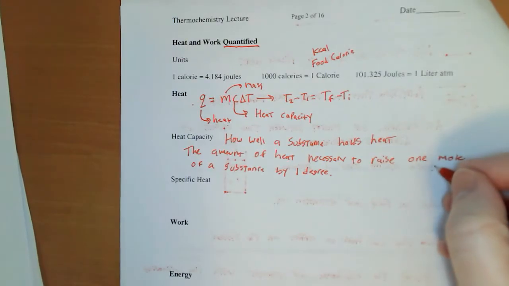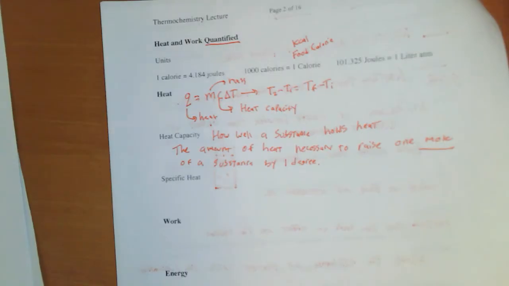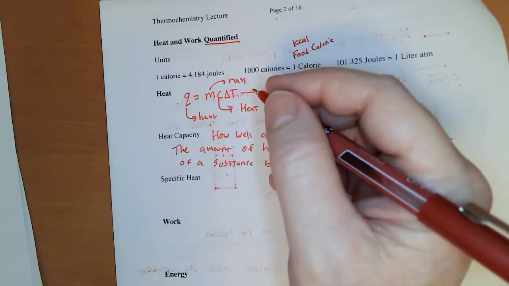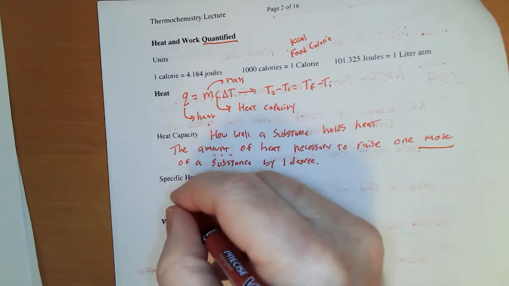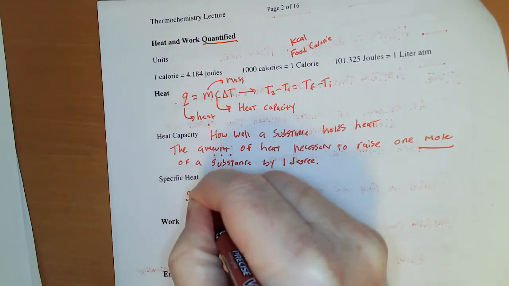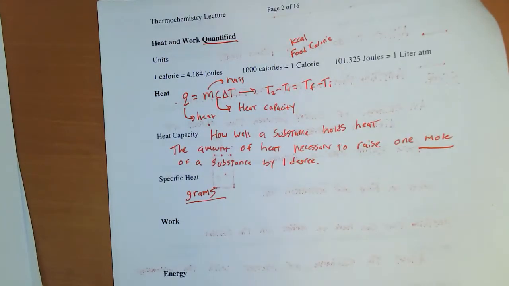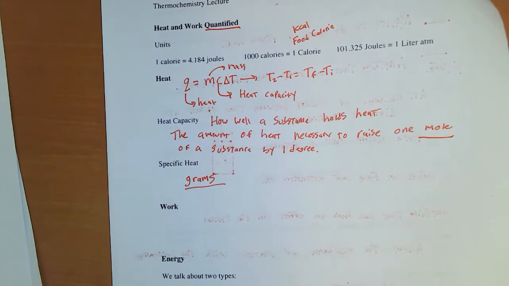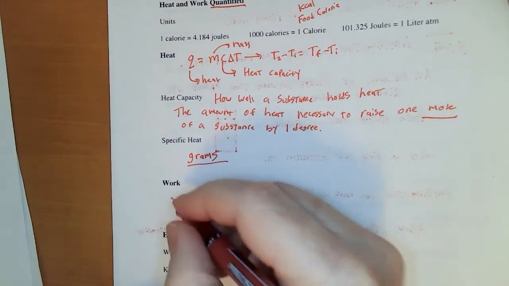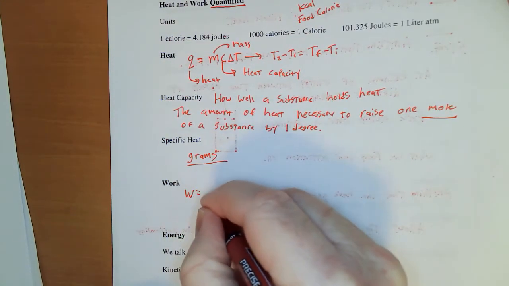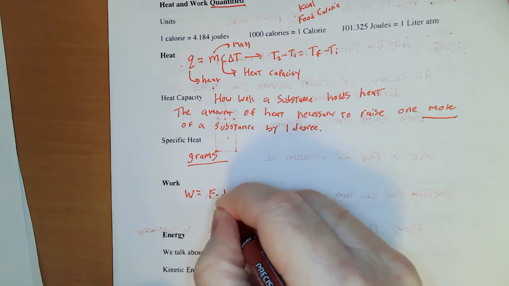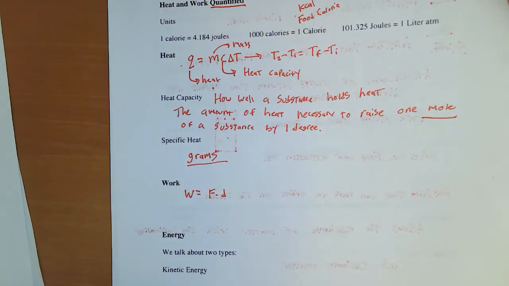Now, the magic word in this definition is mole, because specific heat is the same definition, except instead of moles, we use grams. Okay? The amount of heat necessary to raise 1 gram of a substance by 1 degree. Okay, work. Like we said before, work is a force times a distance, a force acting over a distance.